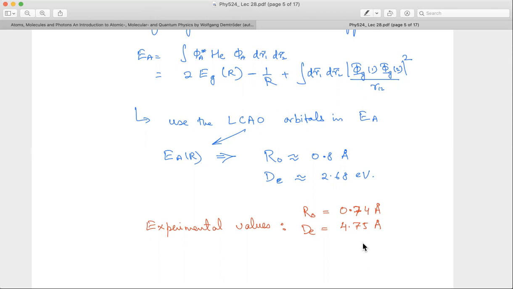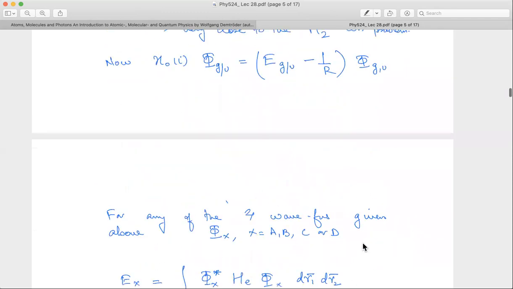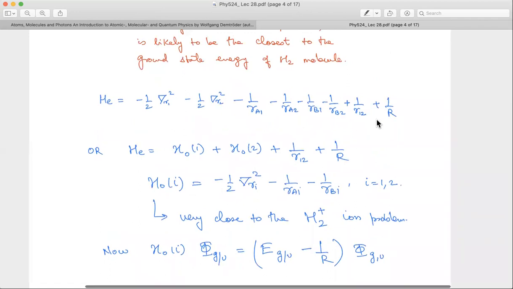Okay. So if there are no questions, then let's proceed. Hello. Yeah, Sunit. So how can we directly, explicitly, subtract the 1 by R term from the energy? Why not? 1 by R doesn't depend on the electronic coordinates at all.